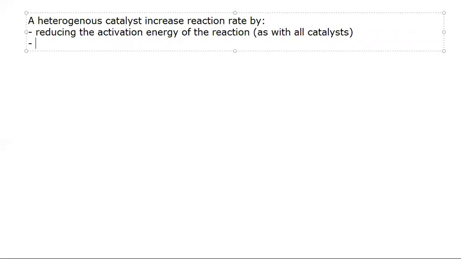And therefore, increasing the number of successful collisions. Again, as with all catalysts.